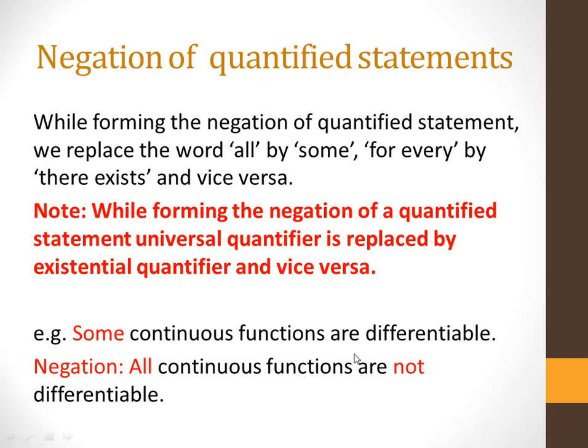You have to join the statement by not because it is a negation. So while taking the negation, we have to use the word not also. So some becomes all. This is the negation of the quantifier: some is replaced by all, and as a negation we have to use not also. So it becomes: all continuous functions are not differentiable.